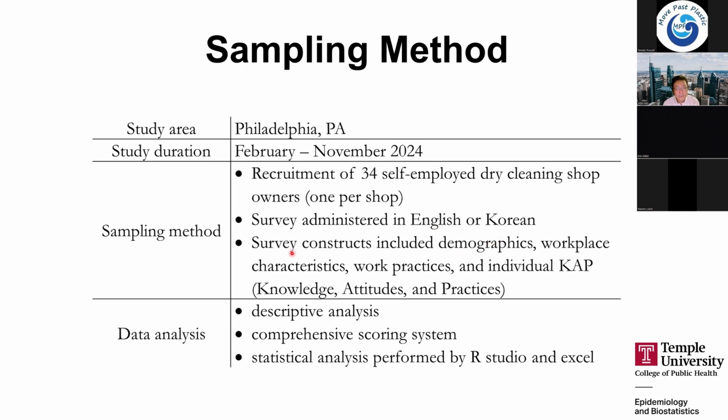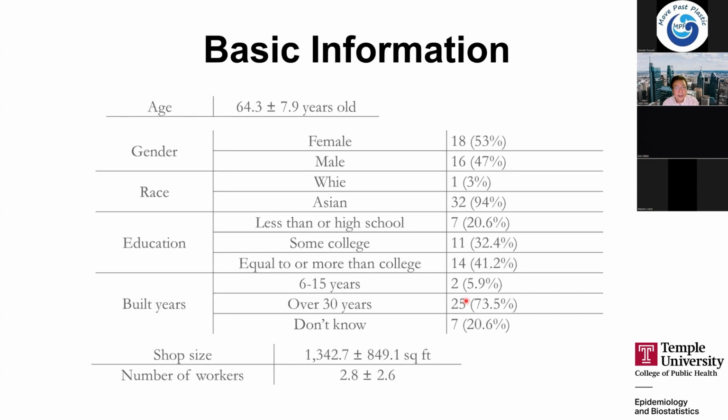We also obtained their demographics and workplace characteristics, and we asked them about their knowledge and attitudes about microplastics, and their workplace practices. After we gathered this survey data and the microplastic information, we analyzed the data. And this is just the basic information of our study population.